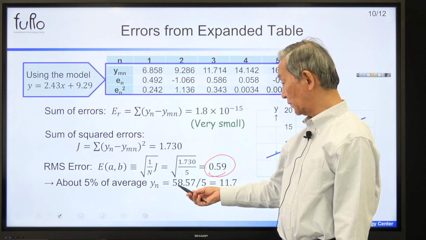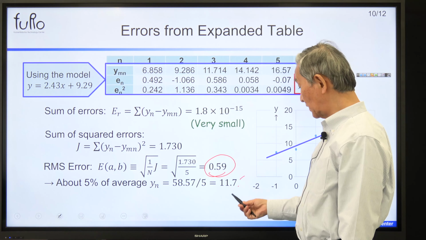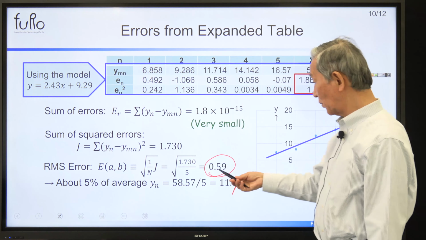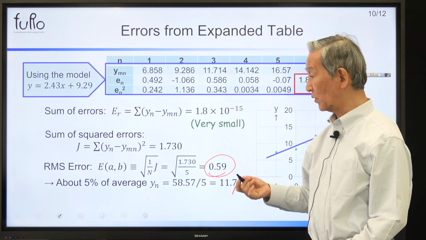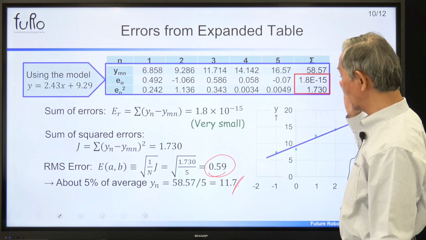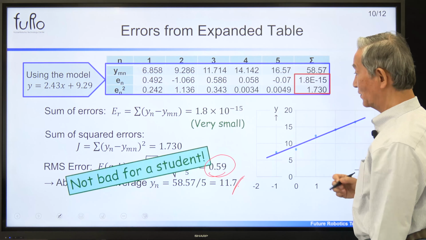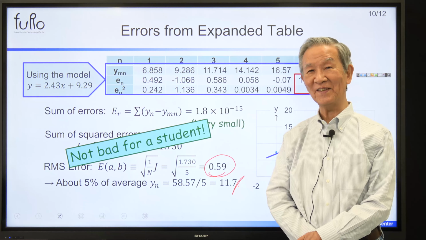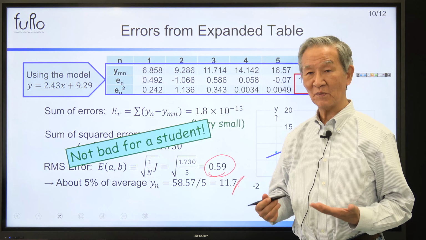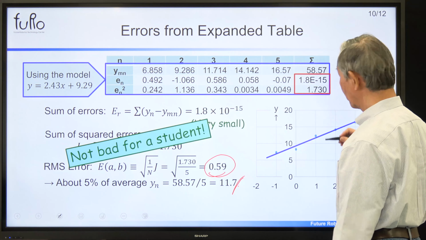The yn summation was 58.57 divided by 5 is 11.7. So that's the average Y. And compared to that, 0.59 is such a small number. Only 5%. Right? So if this experiment was performed by my student, I would say not bad for a student. Okay? It's a good number. So it is always worthwhile to check the RMS error. Here. All right.